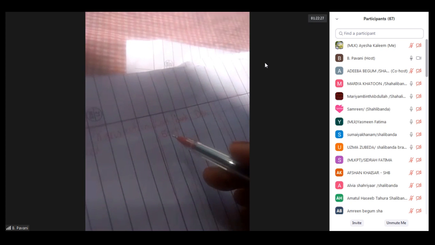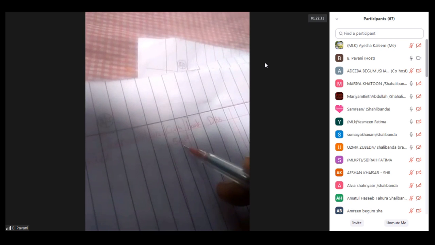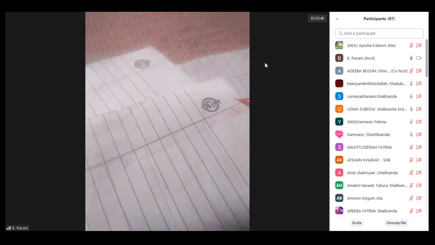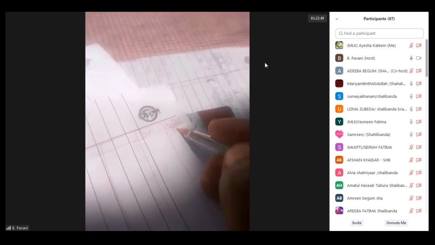So what is happening when they are bringing the money into the business? 50,000 cash is coming. That's why under the cash column I've written 50,000. Then this is nothing but the capital. So at last, I left some blanks and I've written capital.